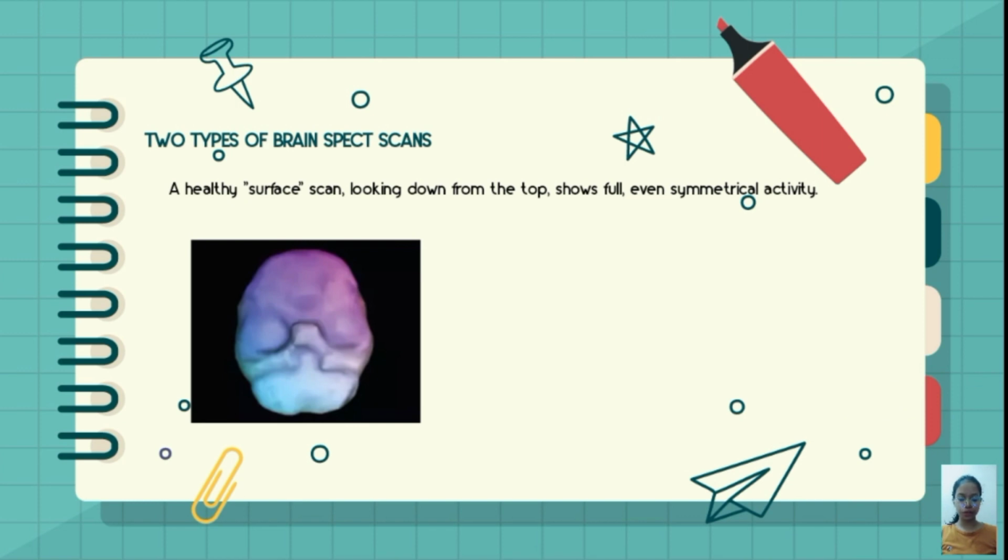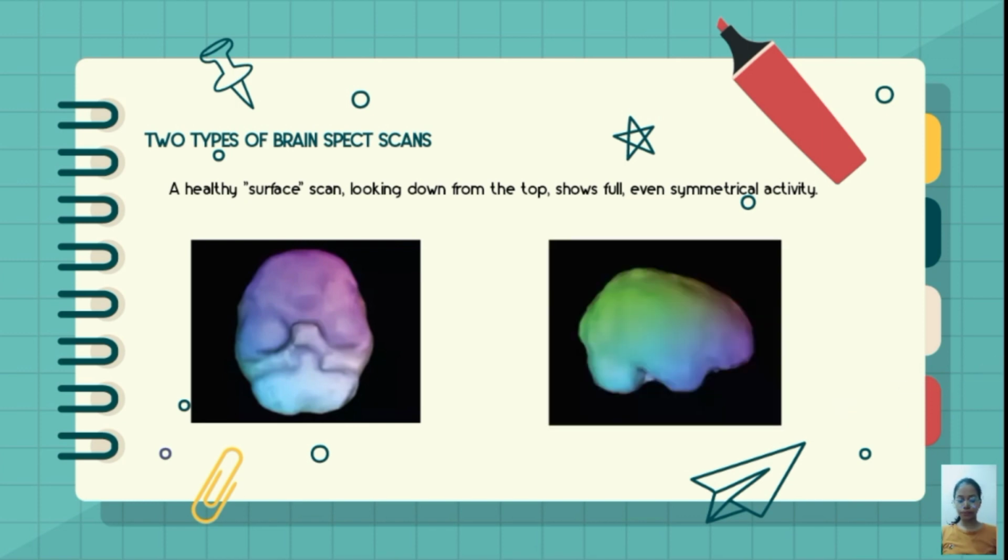So, here's the picture. The surface scan helps us to see areas that are healthy and those with low activity. The first picture shows us the underside, and the second picture shows the healthy SPECT surface right side.